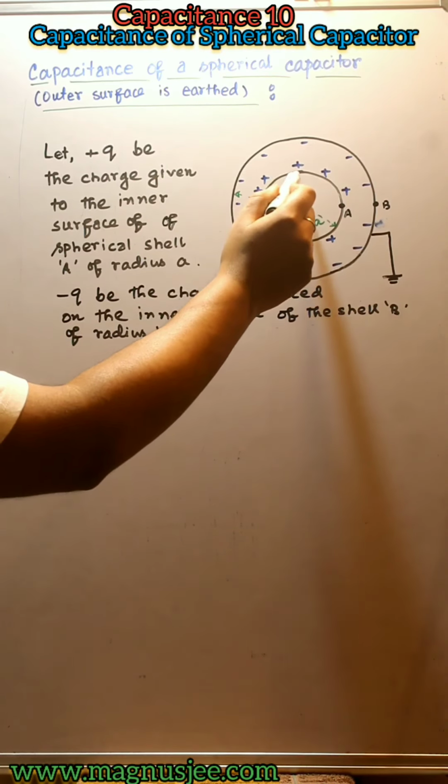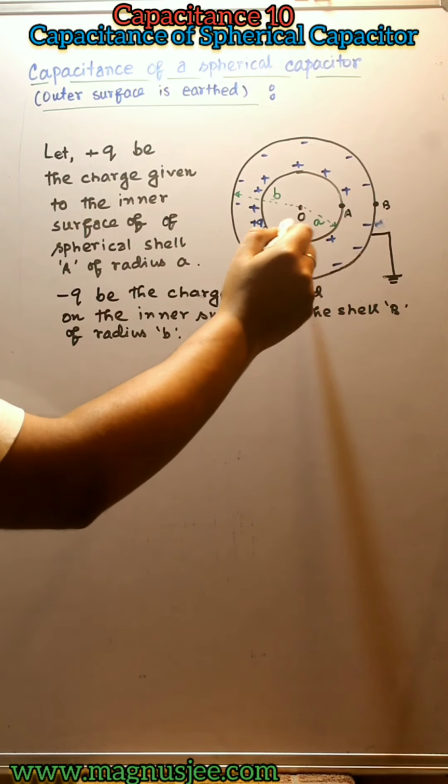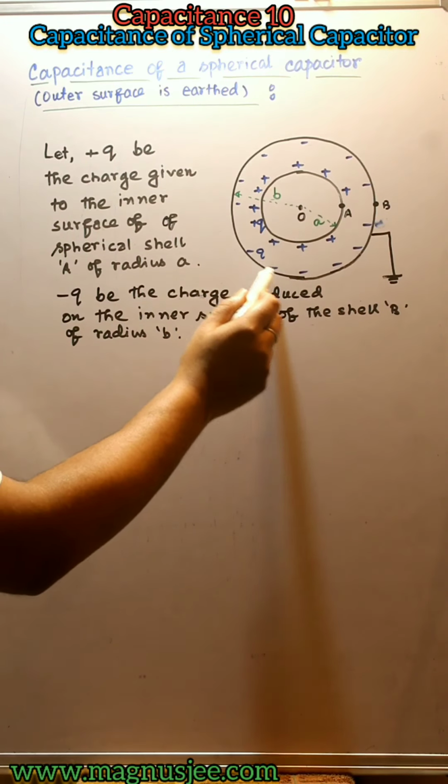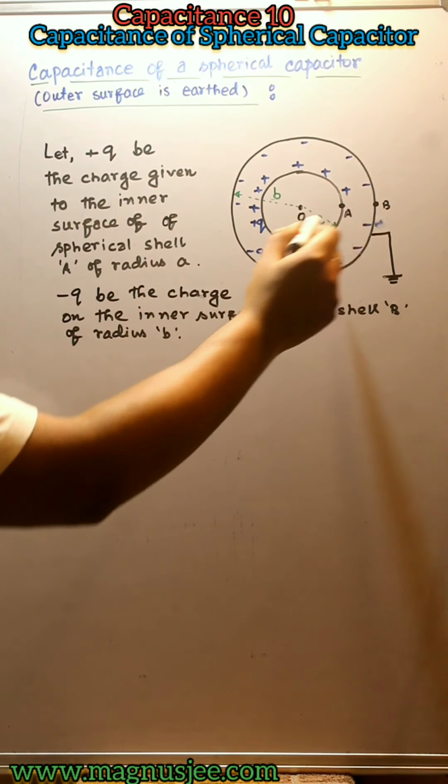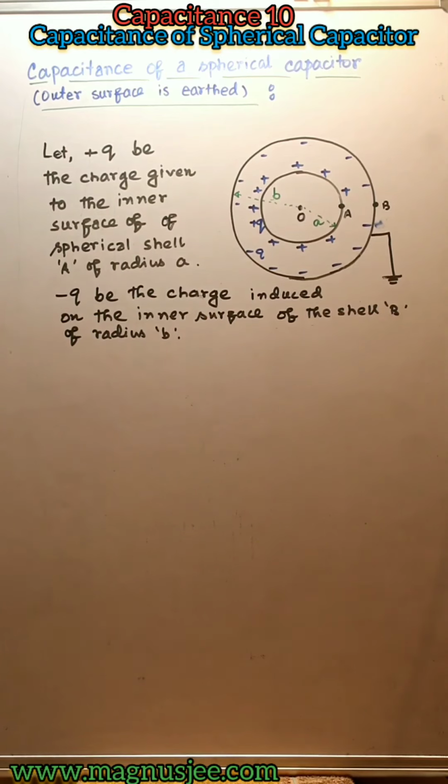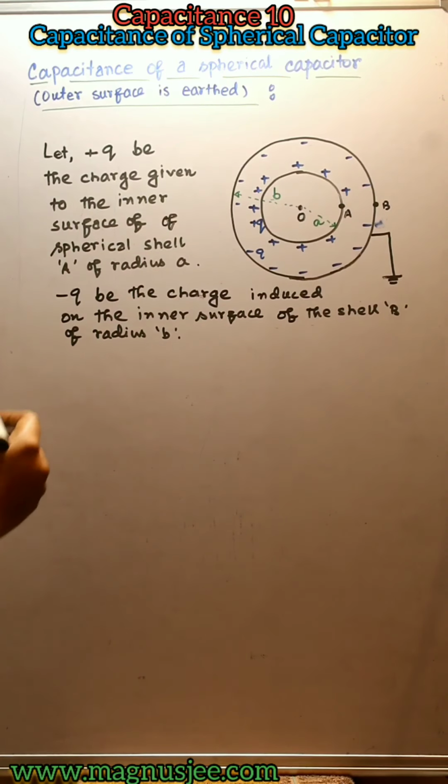Plus Q is the charge which is given to the inner surface of the shell A, and minus Q is the charge induced on the inner surface of the outer shell B, and b is the radius of the outer shell.